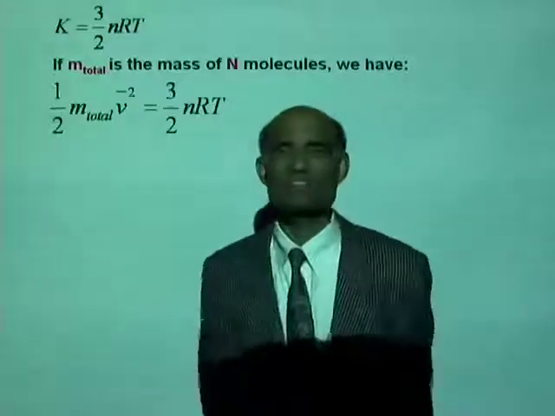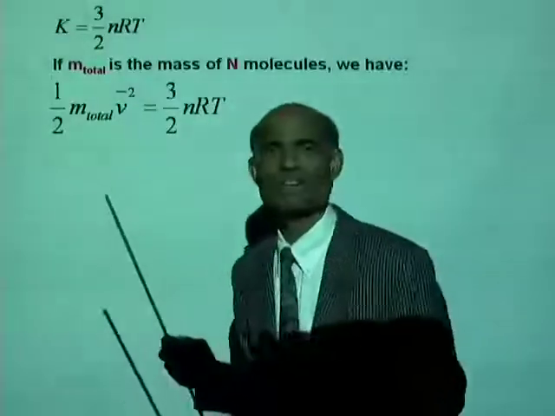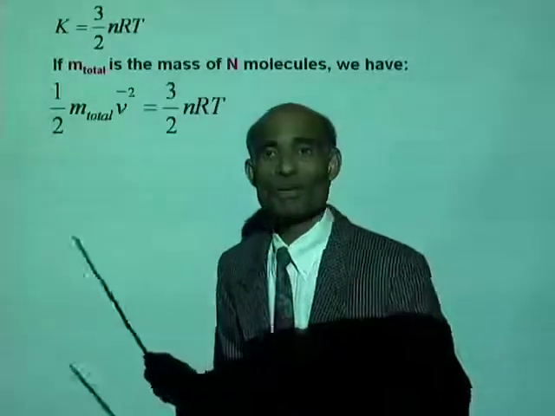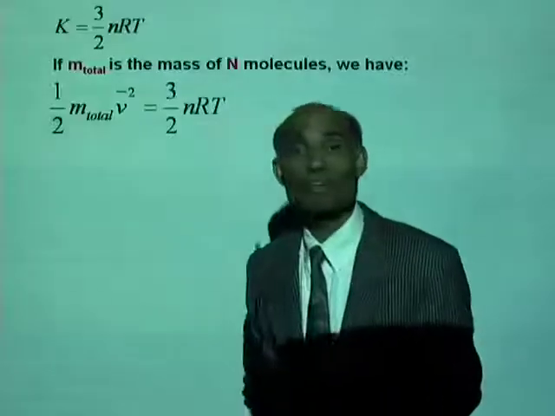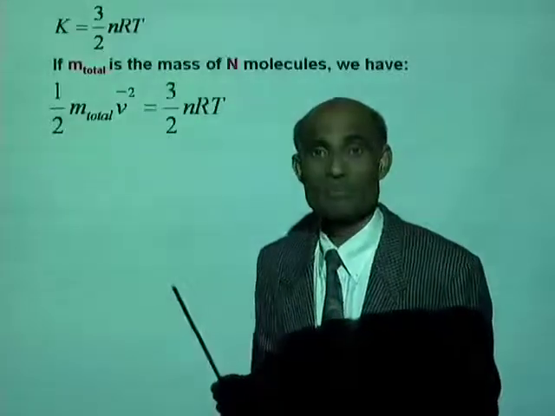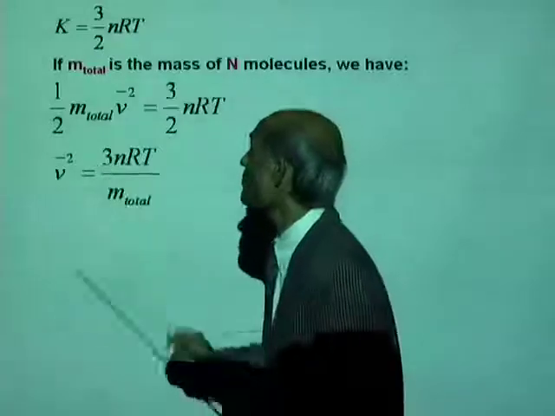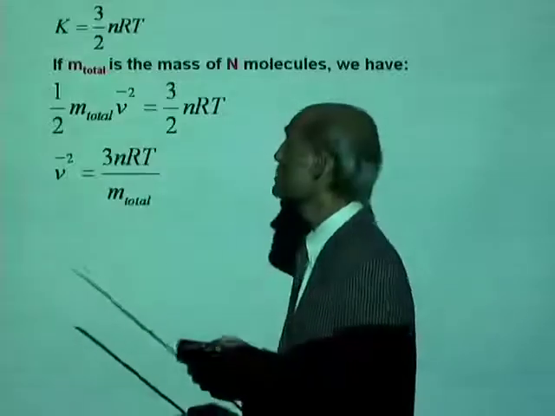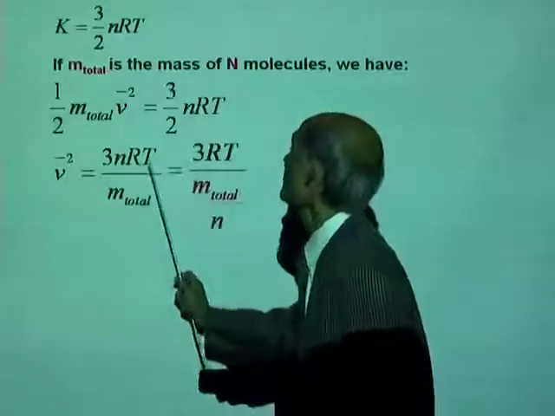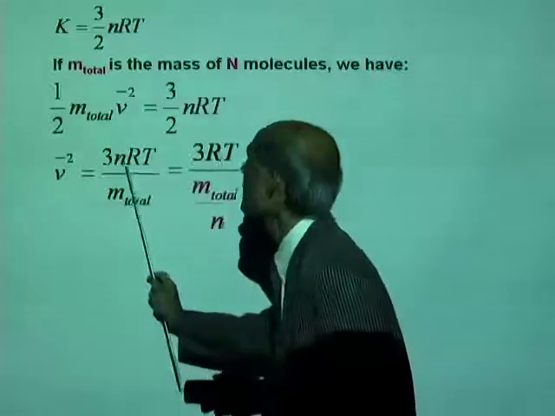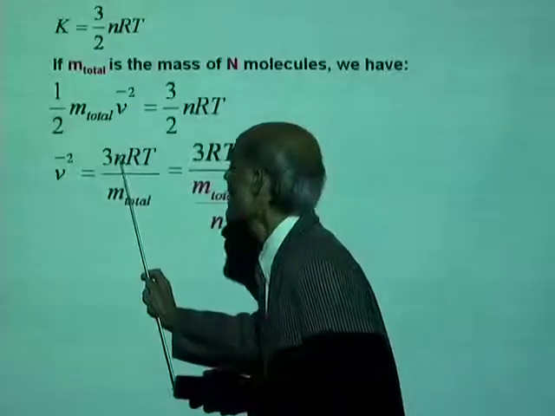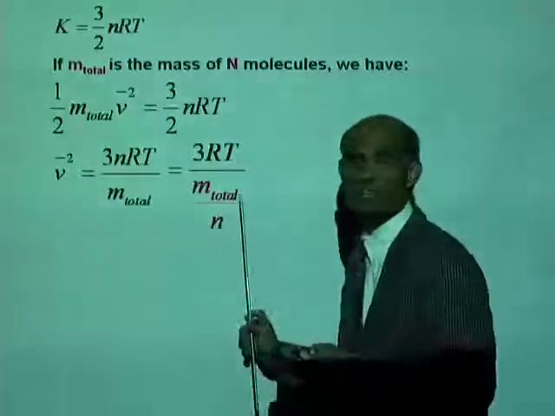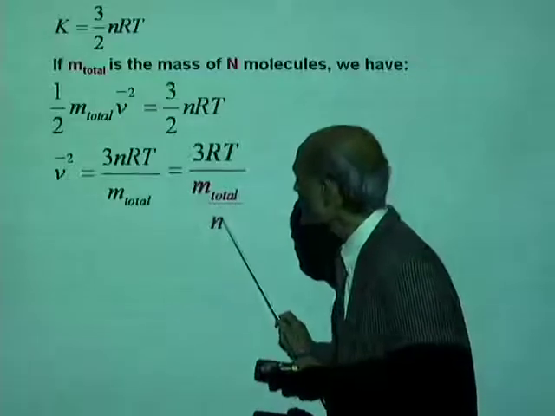Now, look at this. I consider this as a beautiful equation. It is going to lead us to the average velocity of a molecule. We can now measure the average velocity of a molecule. Isn't that beautiful? Yes. We get v bar squared equal to 3nRT over M total, or that will be 3RT over, what I did is, this n, I divided this by that n. Do you understand that little manipulation? You see, M total divided by n.